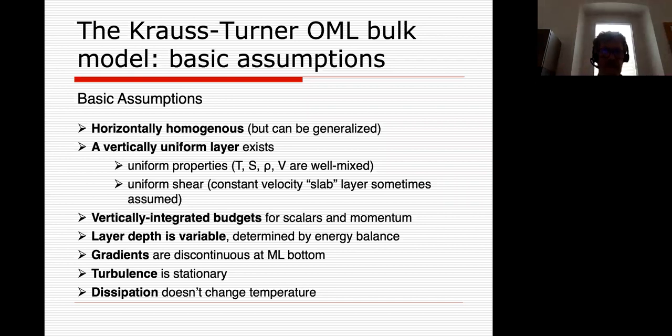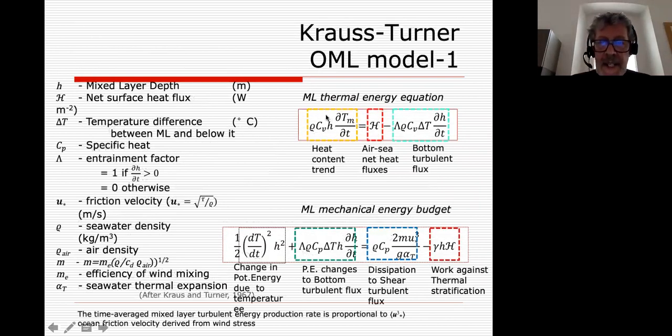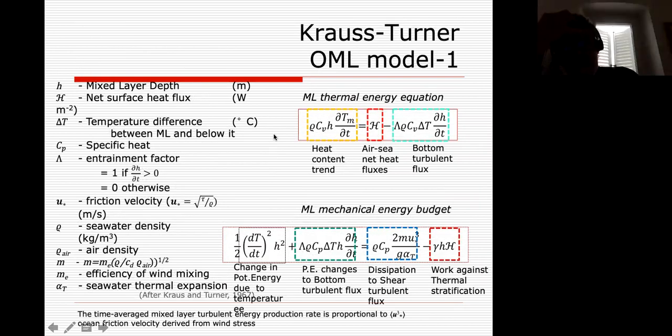These are basic assumptions, which are, well, a bit critical, but not that far from what we have seen in reality. So now we have the more mathematical part.